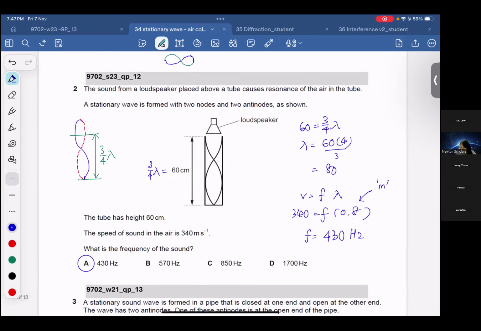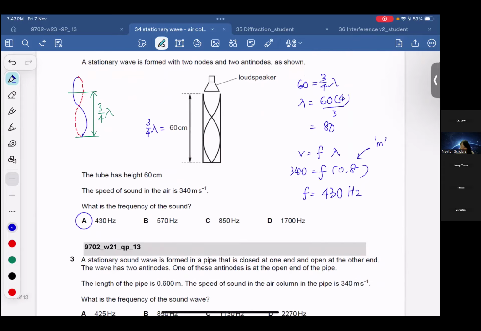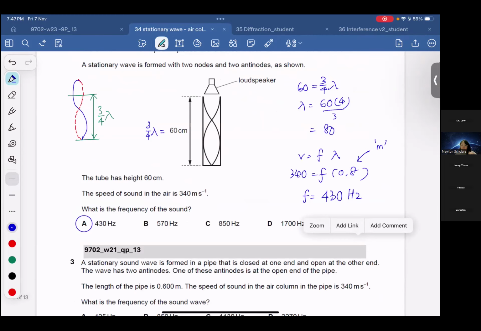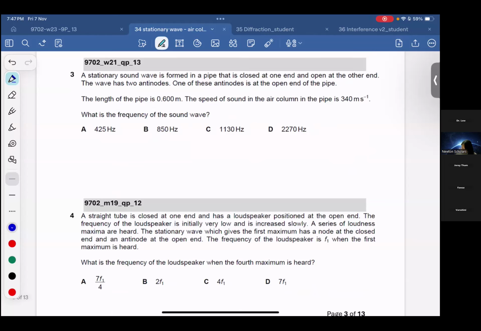Okay, can we go to question number 3? Should be fine, right? Similar to the first example just now. Now it's just the second pattern of this harmonic. Again, one end closed, one end open. Have two antinodes. So that means we have to draw it out.